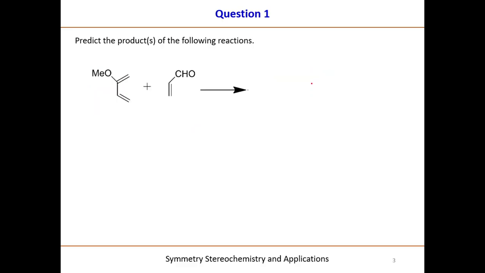Here again we have a diene and a dienophile. Which one is our diene and which one is the dienophile? This is our diene and this is our dienophile.